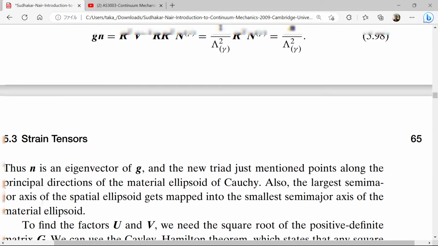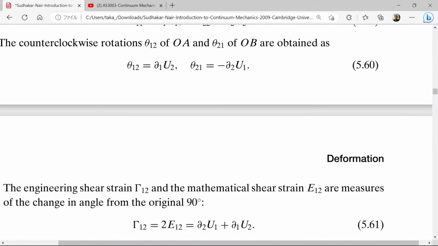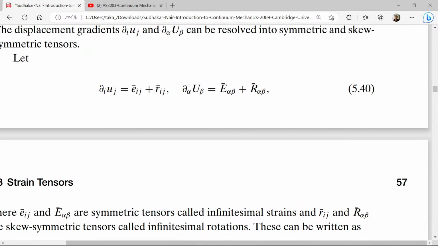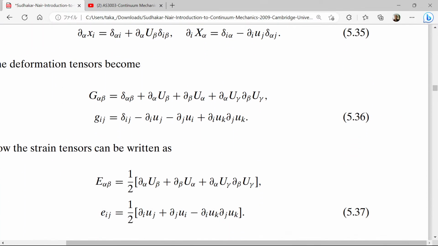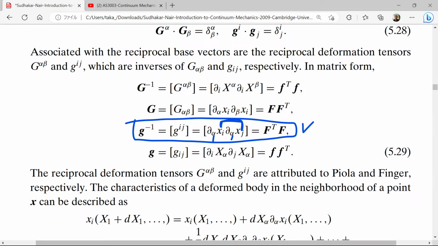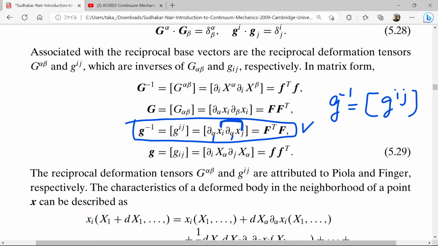Strange. Okay. So this is interesting. So G inverse is G ij up.